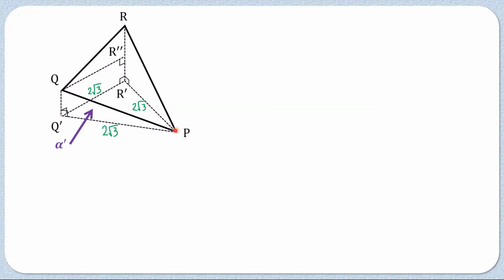Here we have already obtained that lengths PQ', Q'R', and PR' are all 2 square root of 3, the side length of an equilateral triangle.